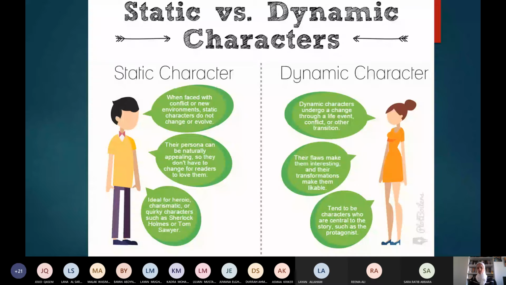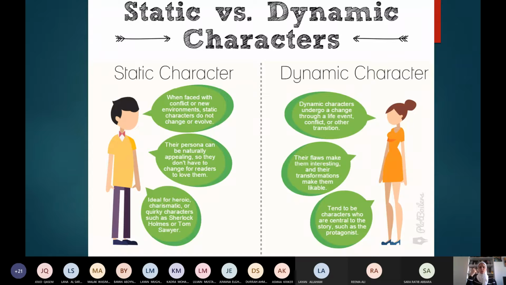Because he doesn't change his personality through the movie or through the story. The criminal or the bad guy in the movie, which we call the antagonist in stories, they make mistakes. Their flaws and mistakes make them interesting, and their transformation makes them likable. When the bad guy becomes a good one at the end, you start to like him more.